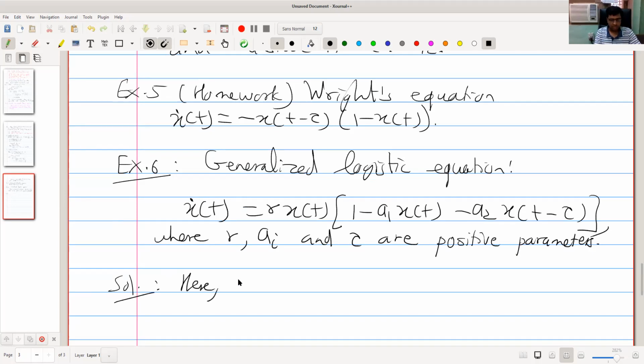Here, the right hand side is f of x of t comma x of t minus tau. We call it f of x comma y, so it is rx into 1 minus a1x minus a2y. We now find equilibrium points.